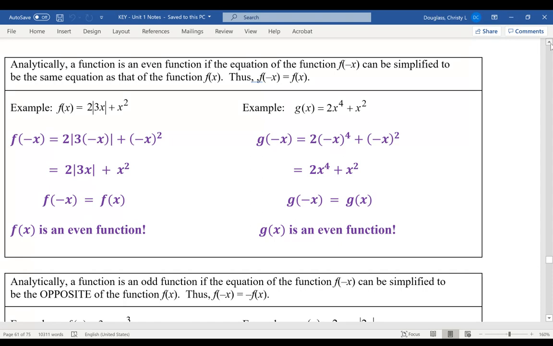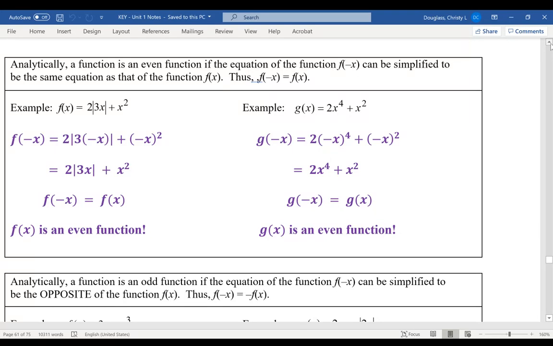If we get the exact same function, we're going to say that the function is even. If we get just the negative of the function, we'll say that it's odd. If we get a completely different function altogether, then it's neither even nor odd, and many functions are neither even nor odd. In these two examples, we end up with even functions.